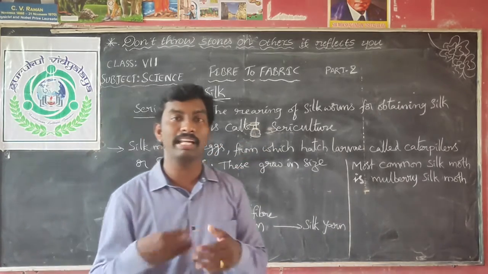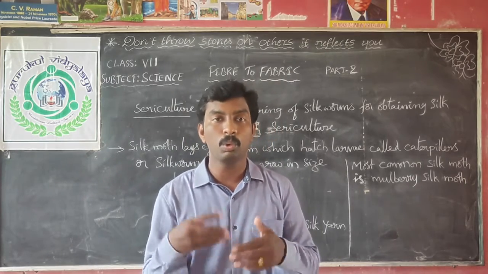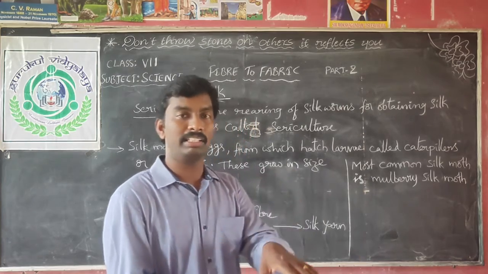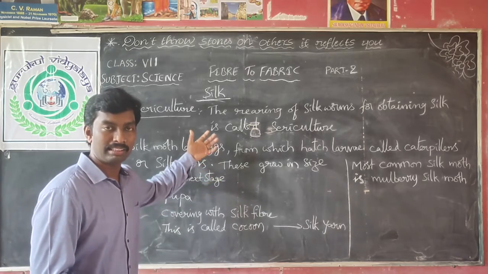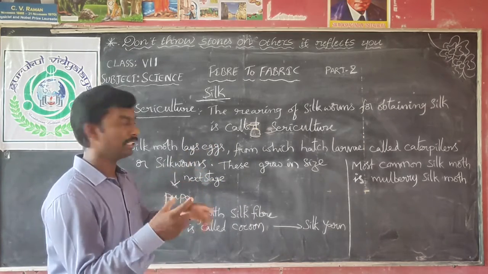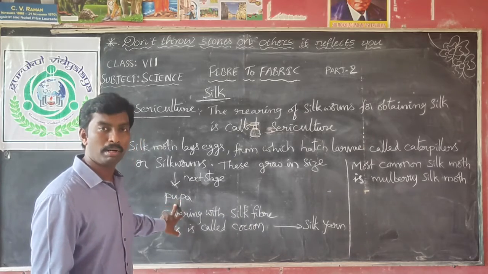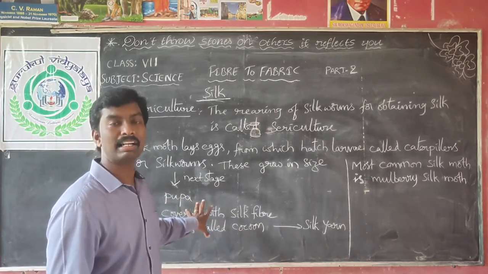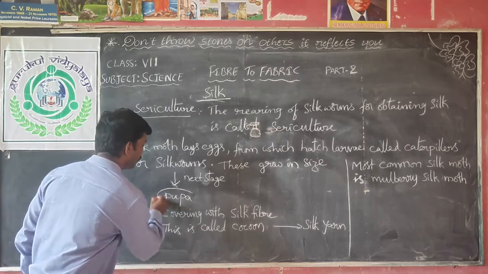These silkworms grow in size, and in the next stage they convert into a pupa, which is covered with silk fiber.